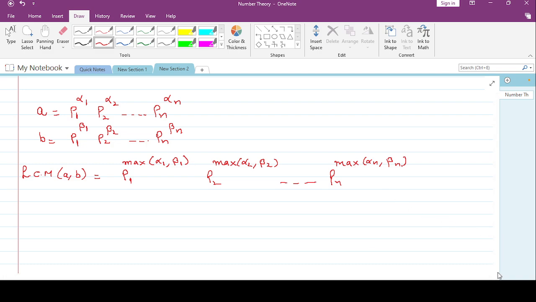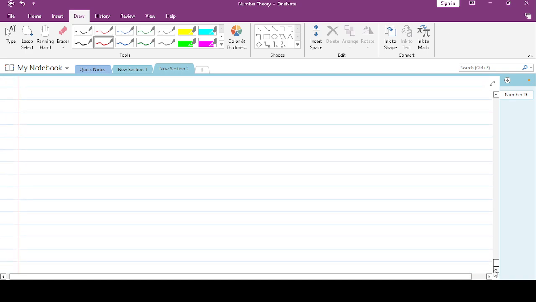So in this way, you can find the LCM. I just show you here one question. How can we solve the problem? So the question is, what is LCM of numbers given like this: 2 raised to the power 3, 3 raised to the power 5, 7 raised to the power 2, and 2 raised to the power 4, and 3 raised to the power 3.